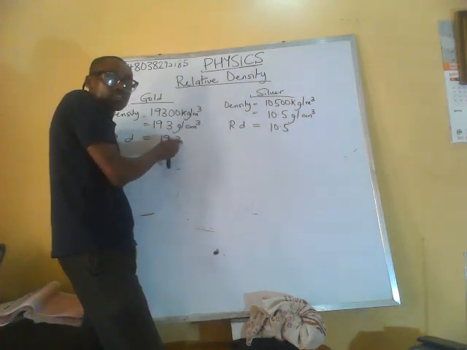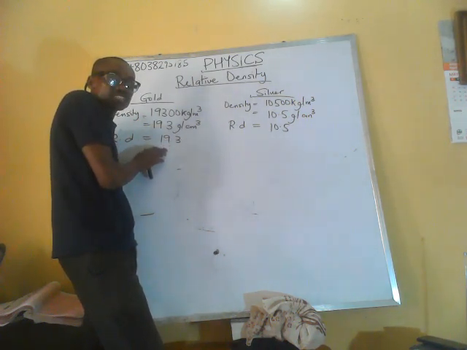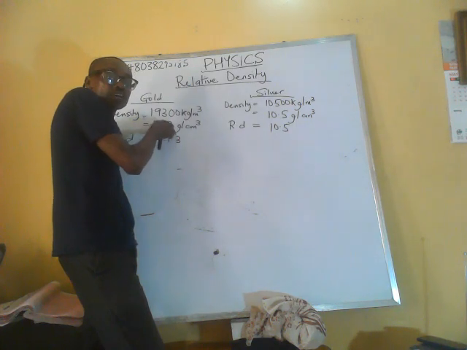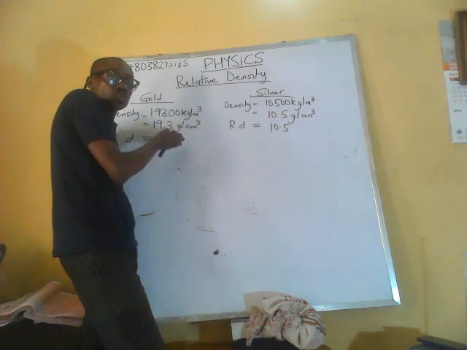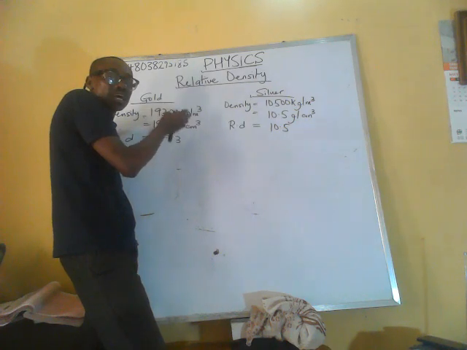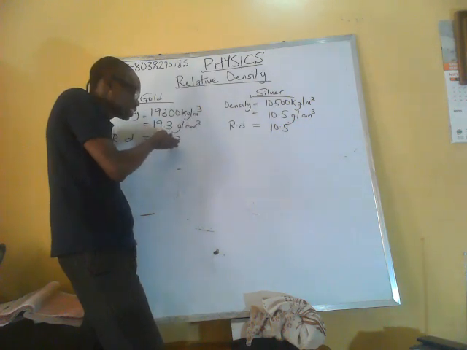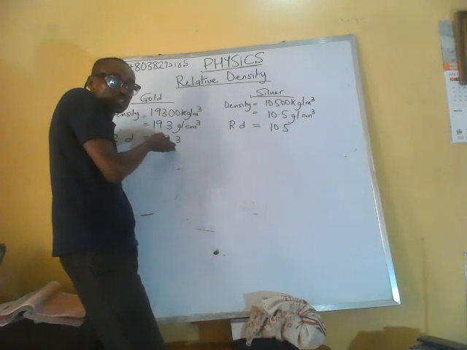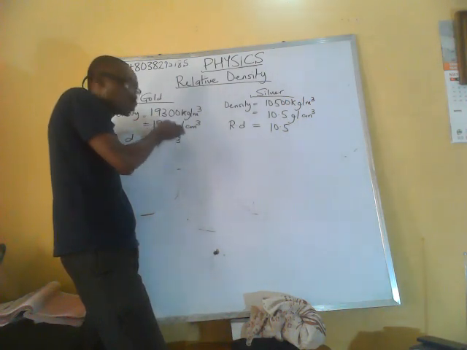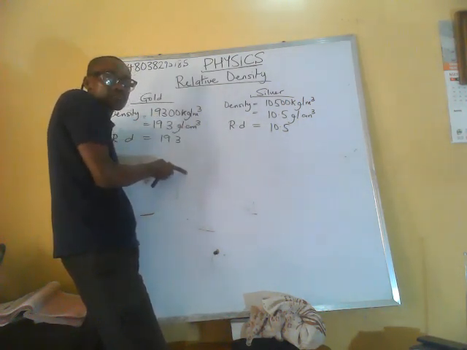So invariably, if you know the relative density of a substance, you automatically know the density of that substance in kilogram per meter cubed and in gram per cm cubed. If the relative density, like gold now, is 19.3, then the density in gram per cm cubed is just to attach the unit directly.